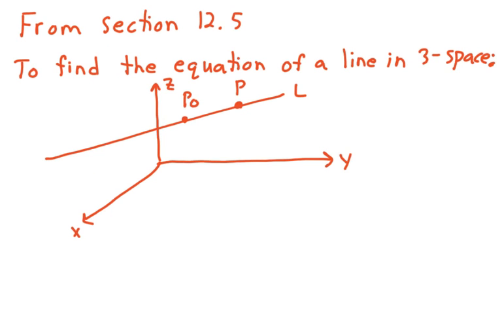So I'm going to start at the origin and draw a vector out to P naught, and we'll call that vector r naught. And I'm going to draw a vector out to P, and call that vector r. So we have r naught and we have r.